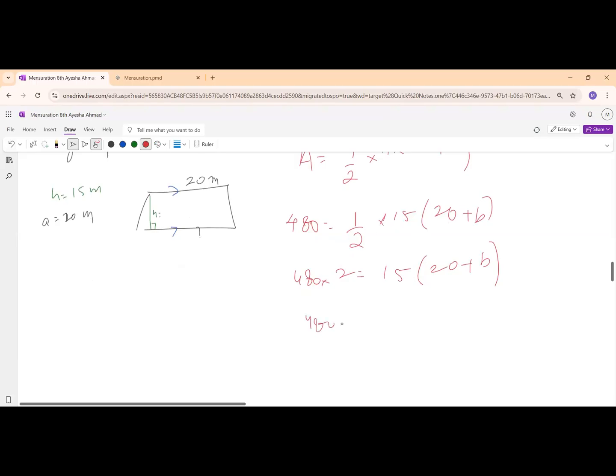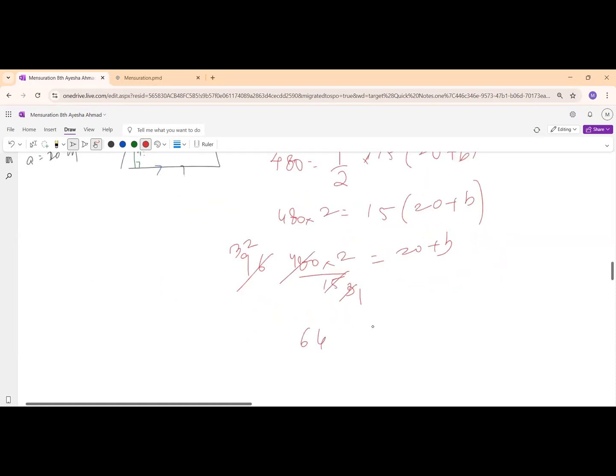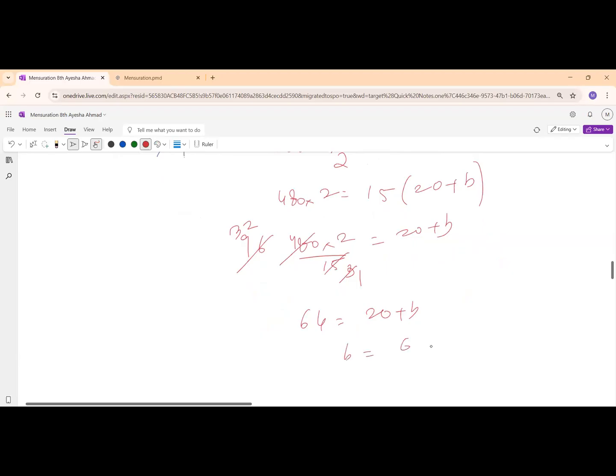So 480 into 2 by 15 is equal to 20 plus B. Solve this. 5 3s are 15, 5 9s are 45, 5 6s are 30. And again, this will go by 3. So 3 1s are 3, 3 3s are 9, 3 2s are 6, 32. So 32 into 2, that is 64. So 64 is equal to 20 plus B. So B is 64 minus 20, which is equal to 44. So B is 44 meters.